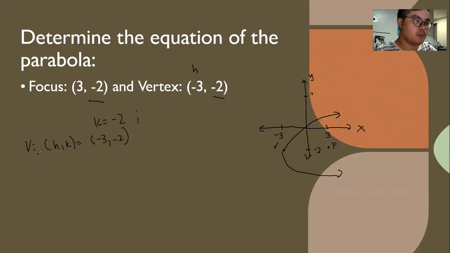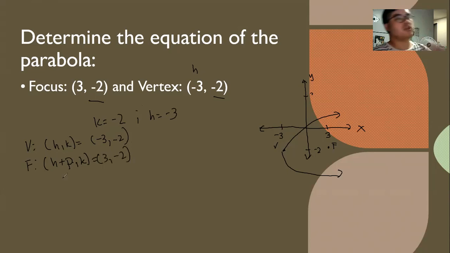Then our focus po is h plus p, then k, which is equal to 3 and negative 2. Then what we're going to do is equate h plus p is equal to 3, then our h is negative 3.